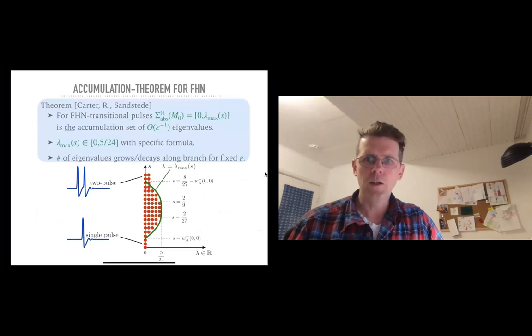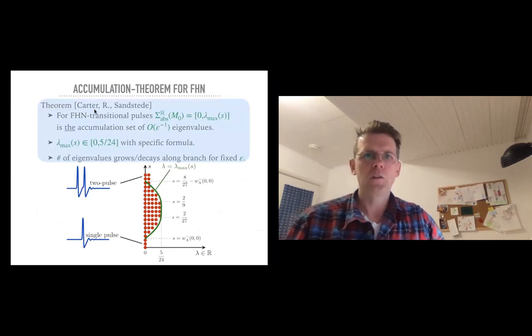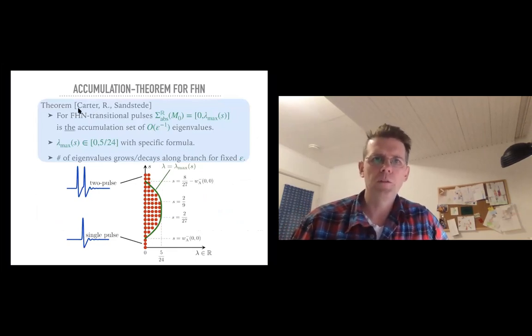So to give away the key message already, let me formulate informally this theorem, and the pieces of it will become clear hopefully throughout the talk. So the statement for the accumulation for FitzHugh-Nagumo that we were able to prove is the following.